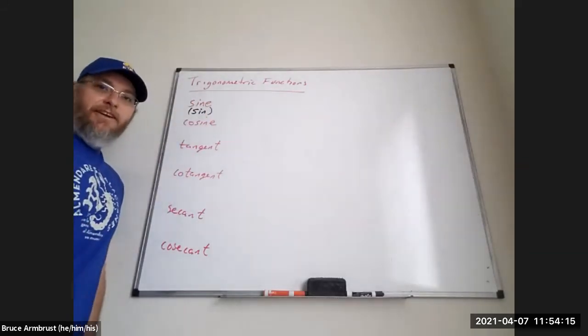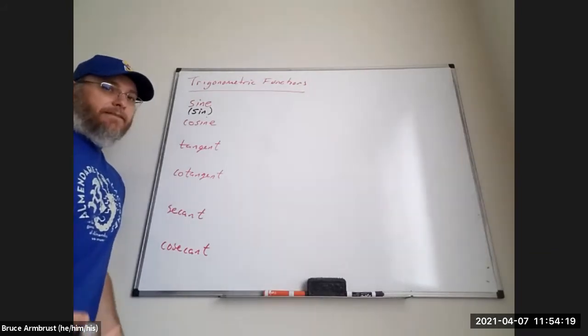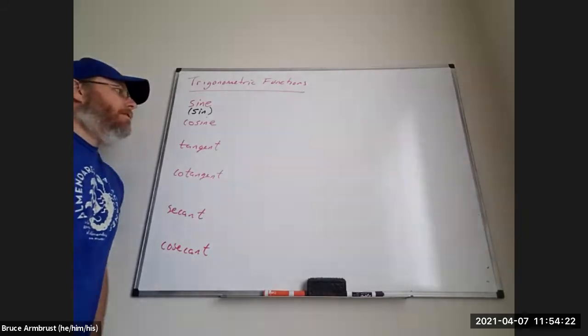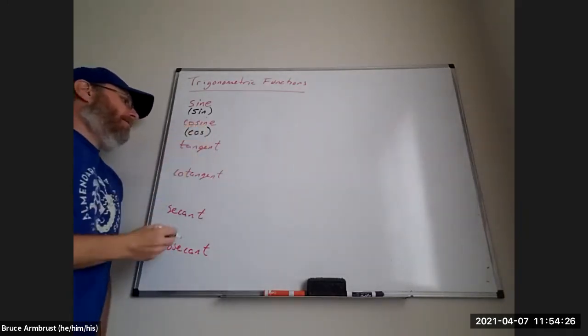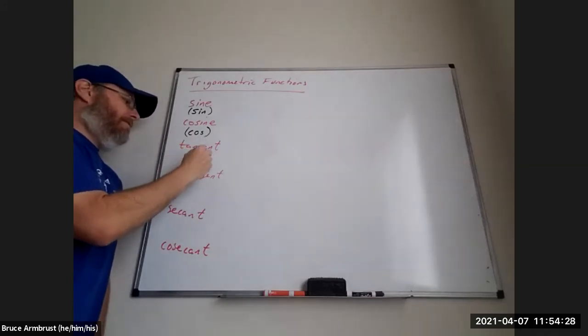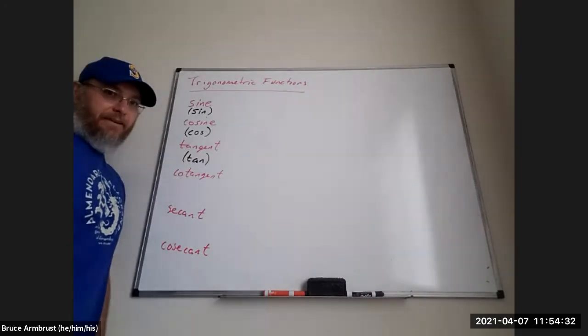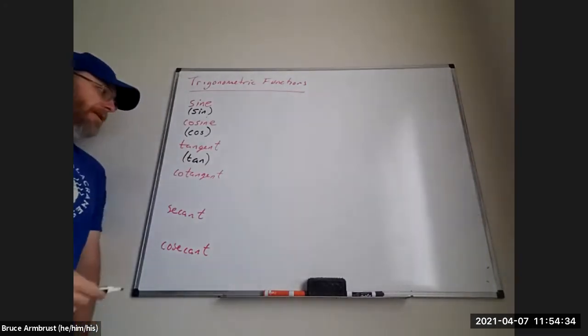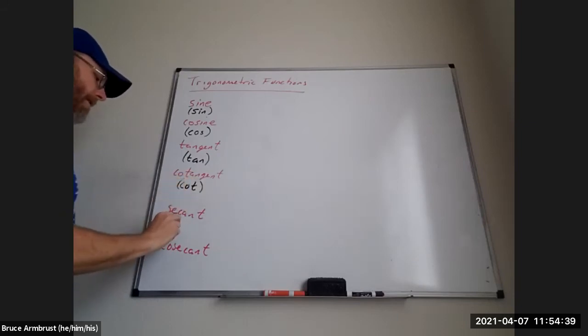Like if you look at a scientific calculator, you'll see a button that says sin. Well, that's sine. So cosine, of course, is COS. Tangent is TAN. I think you're seeing the pattern, right? We're just using the first three letters. So cotangent is cot. Secant is sec.